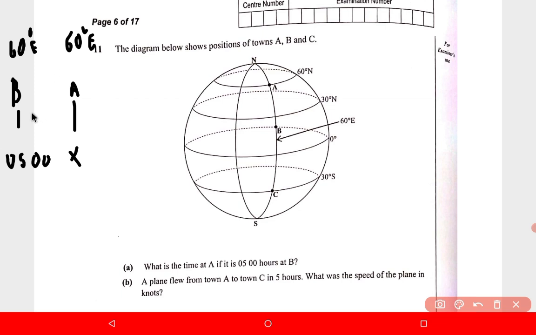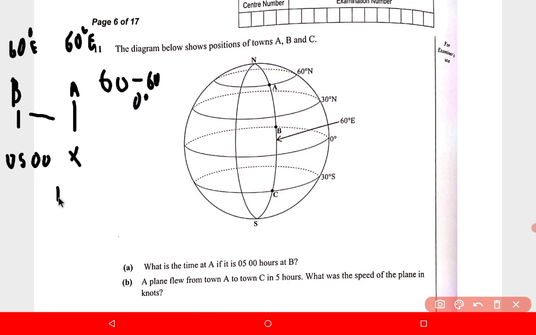So when you find the difference, because time you work out in longitudes, you subtract because they are the same. Now if we subtract 60 minus 60, there will be what? 0, will be 0 degrees.